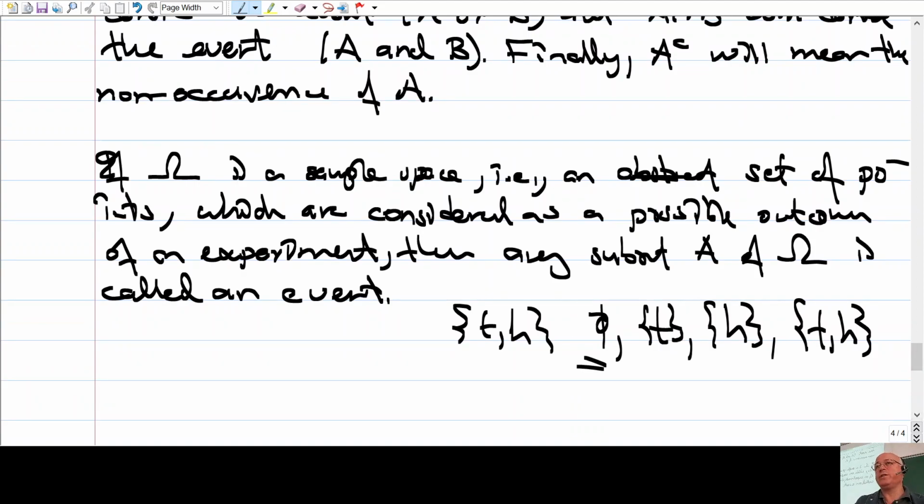For example, you toss a coin and you want it to show both head and tail. That's not possible, and that corresponds to the empty set. This corresponds to the event that you toss the coin and tail comes, this to the event that head comes, and this to the event that either head or tail comes. So these are the events.